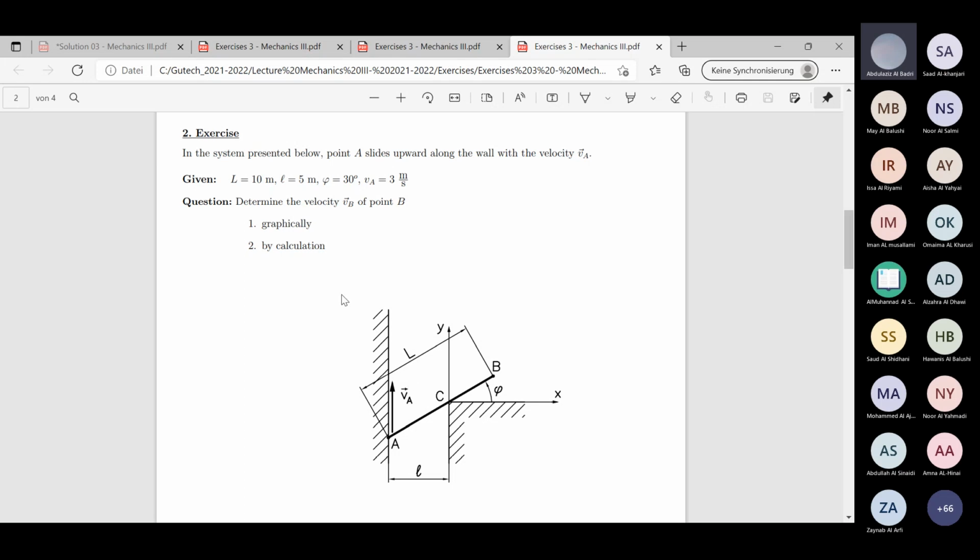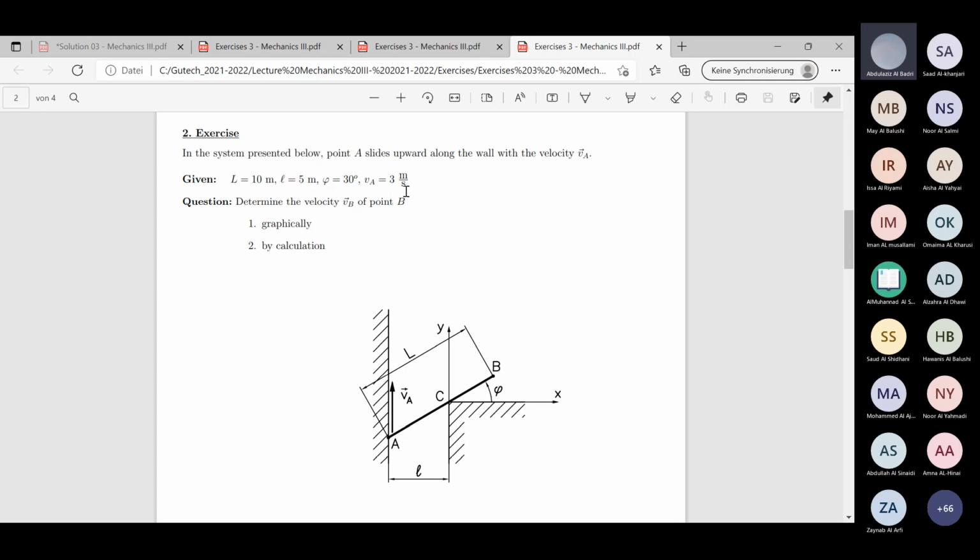Graphically, we will use what we have done this morning, the instantaneous center of rotation. In this case, what we know is only VA. The magnitude is given here, VA is equal to 3 meters per second.